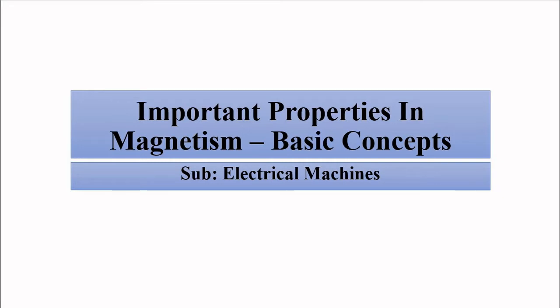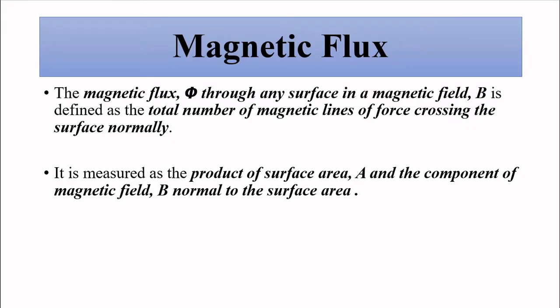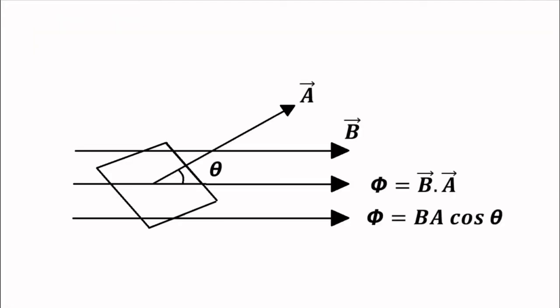So first is, we have already discussed this, but let's go in a systematic way. Magnetic flux, phi, through any surface which is placed in a magnetic field, any material or object, is basically the number of magnetic lines of force crossing through the surface normally. Let's say we have a surface area A with A vector as the area vector, perpendicular or normal to it, directed away from it, and it is placed in a magnetic field.